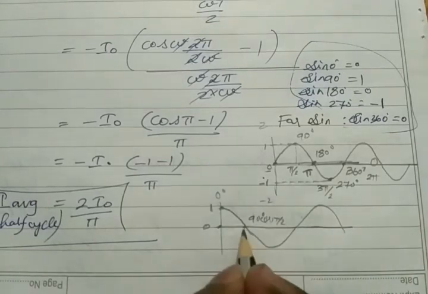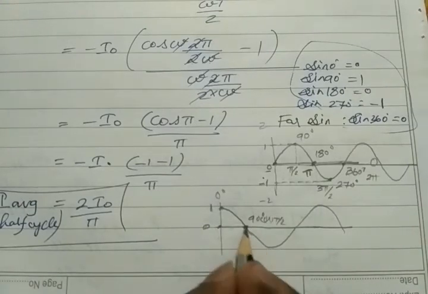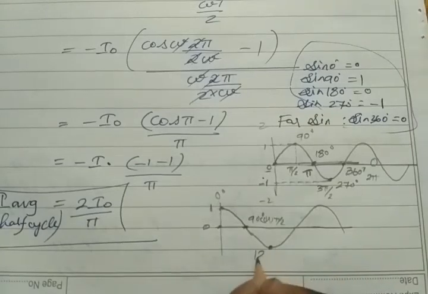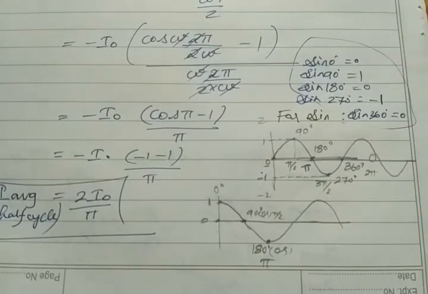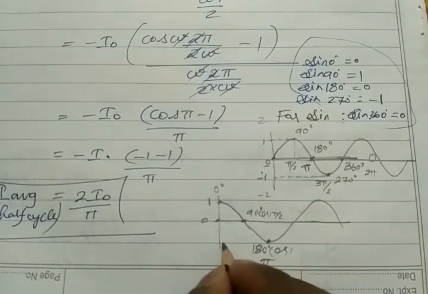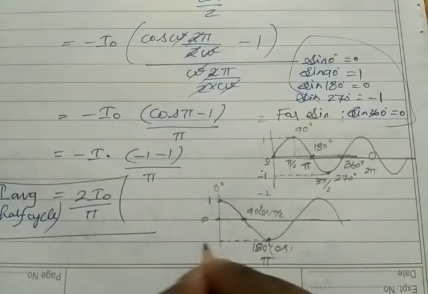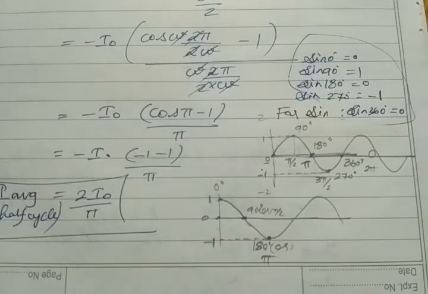After 90 degree, the value will increase but in the opposite direction. So for cos 180 degree, here we have 180 degree or pi, the value will be in the opposite direction, -1.